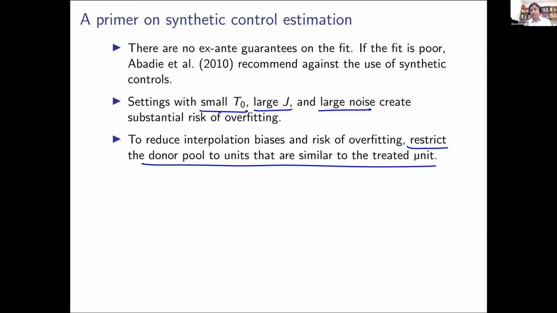For example, you wouldn't want to fit a middle income country with a country that is very rich, and a country that is very poor, because that will create interpolation biases. But you should also be aware of the risk of overfitting, and having a lot of units in the donor pool. You may be risking some overfitting, and therefore having some bias.